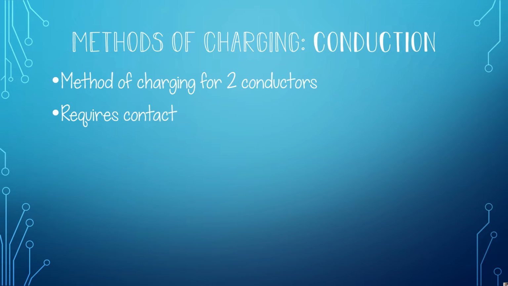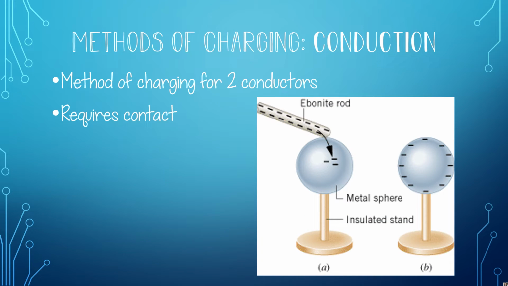Also, conduction requires contact between our two conductors. So basically what happens here with our two conductors, when we do conduction, one of those two conductors is initially charged. And when we connect those two conductors, when we touch them to each other, electrons will move from one to another so that the two objects have an equal charge.